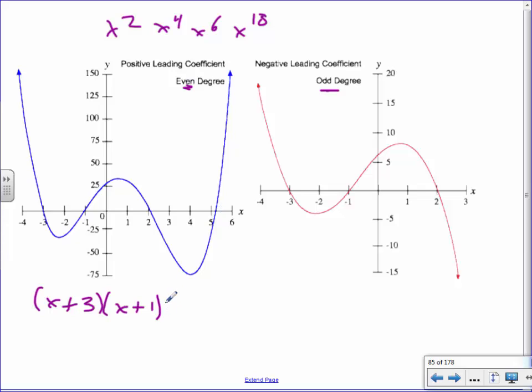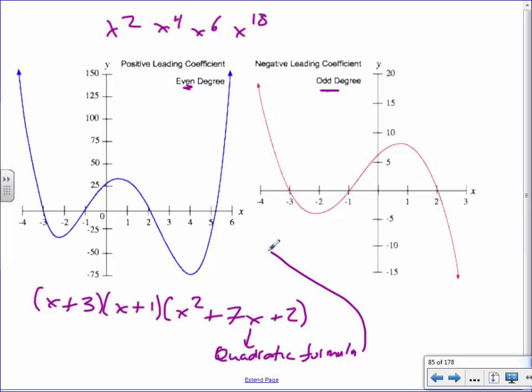This could be because it ends up being something, I'm just pretending here, I don't actually know for sure, like maybe it's x squared plus 7x plus 2, and this needs the quadratic formula to get these two answers. Does that make sense? Two of the things could be factored out and give you nice whole number values, and then the other two are from a quadratic formula. And I'll put some question marks here just because I made up random stuff. I don't know which one it is. You know what I'm saying?